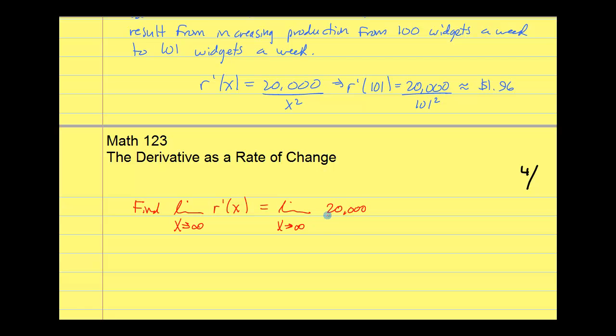We can see pretty clearly that as x goes toward infinity, this overall fraction goes toward 0. So the increase in revenue as the number of items increases without bound will approach 0.